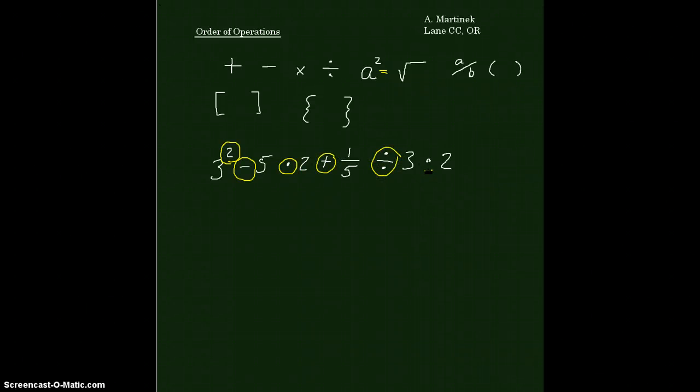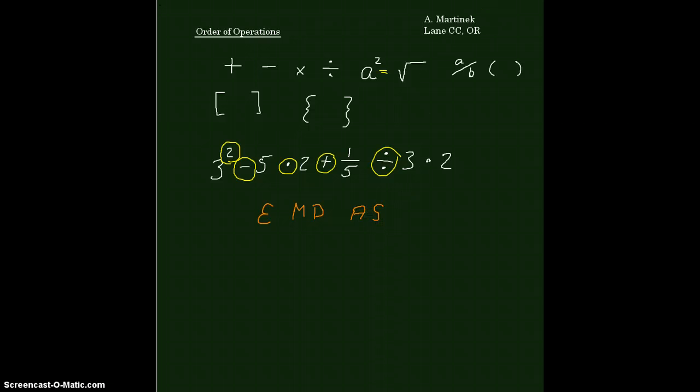We've got another multiplication at the end. So we come up with a convention that says what we're going to do is we're going to do exponents first before we do multiplication and division, and then we're going to do all the multiplications and divisions and then do the addition and subtraction.